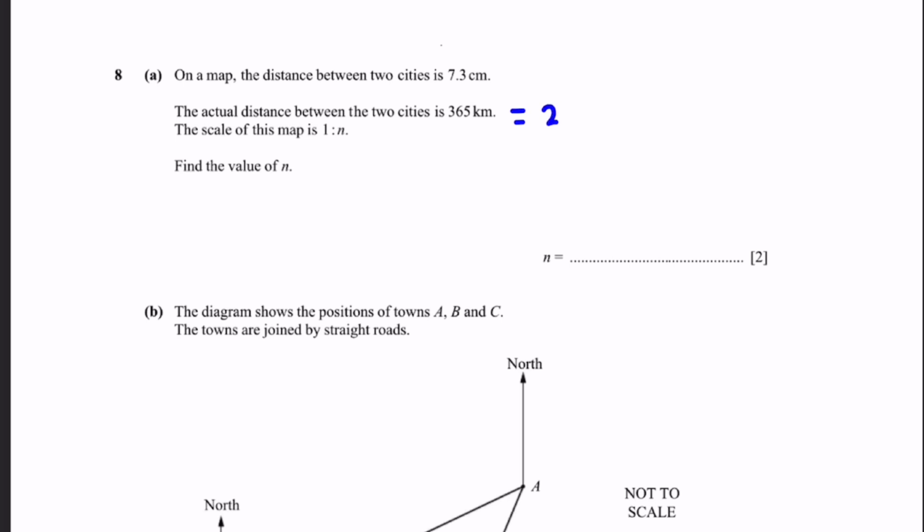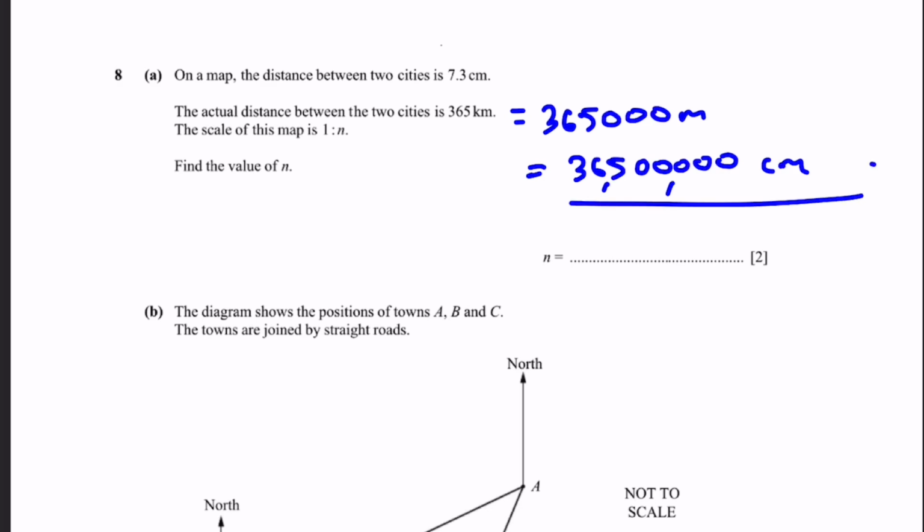365 kilometers is just multiplied by 1,000 to get meters and multiplied by another 100 to get centimeters. So this is the value in centimeters, and on the map it's 7.3. So the scale of the map is going to be 7.3 is to 36,500,000.